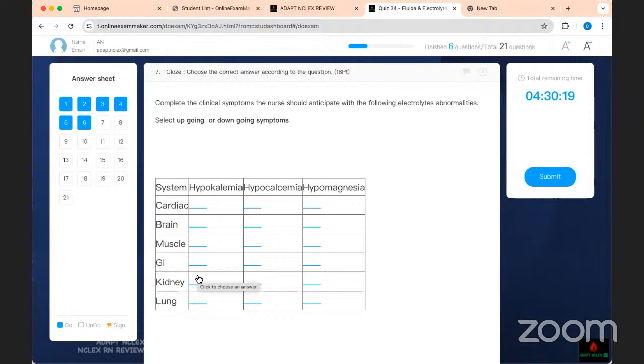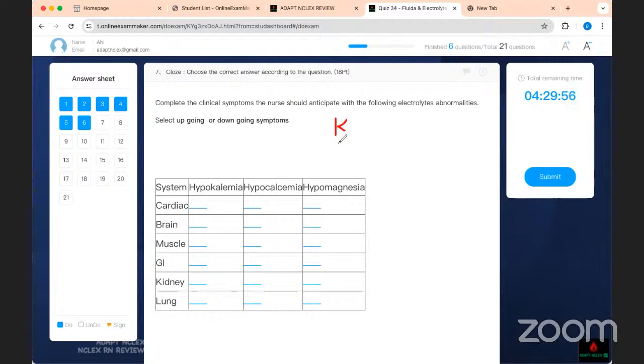They are most likely going to give you potassium, calcium, and magnesium. If they give you sodium, that's the one you memorize, like I tried to give you the stickiness of it. But the rest, you don't have to memorize, and I will give you the key as easy as possible.